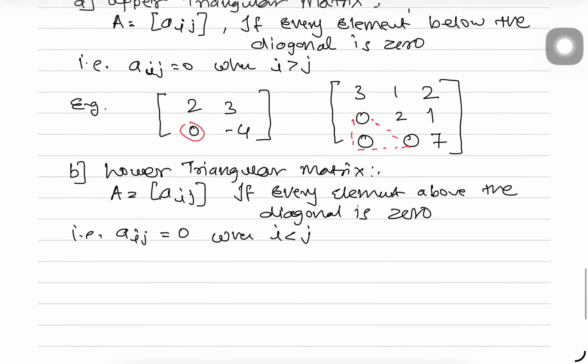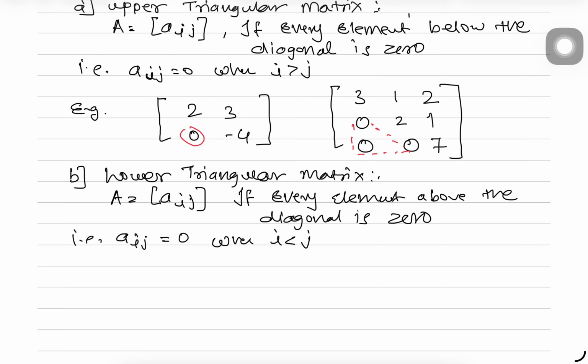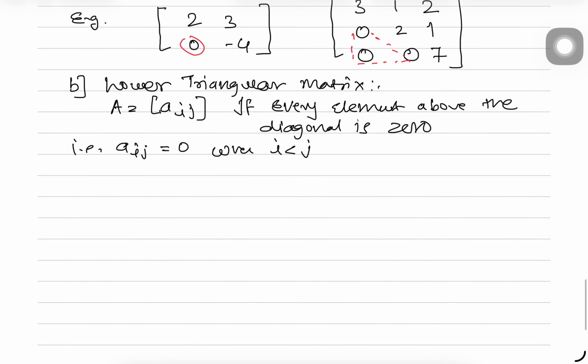Over here in the upper triangular case, i is greater than j: this is 2 1, so 2 is greater than 1. This is 3 2, 3 is greater than 2. 3 1, 3 is greater than 1. Here in the lower case, i is less than j.